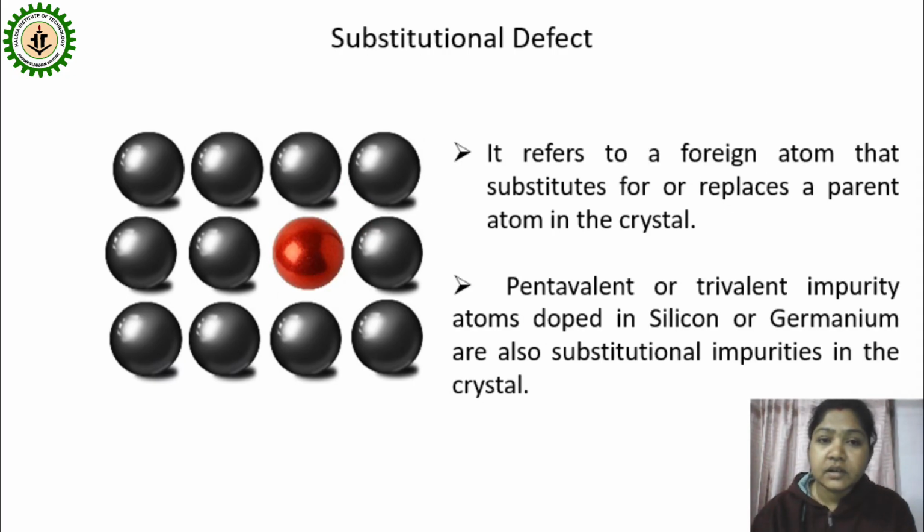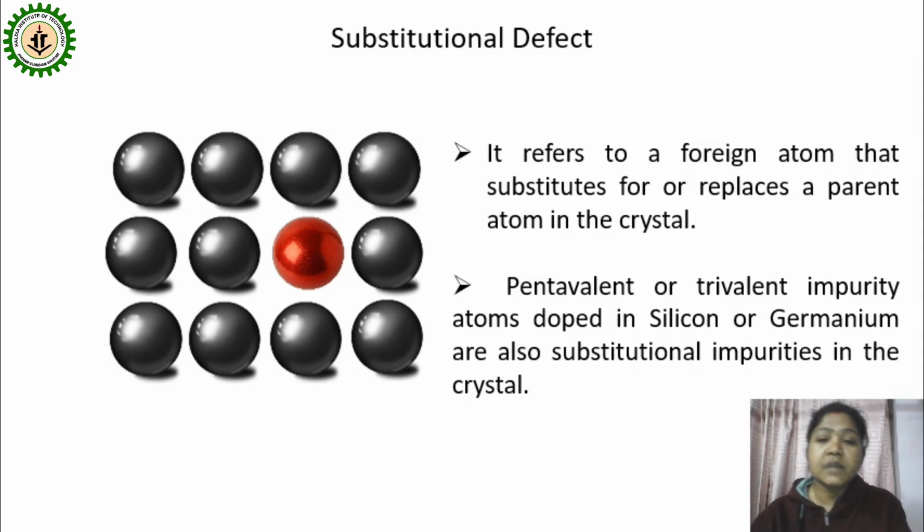Next, come to the next one, that is substitutional defect. In a substitutional defect, you can see here that the impurity radius and the mother atom radius are nearly the same, so that the impurity atom can replace the mother atom.